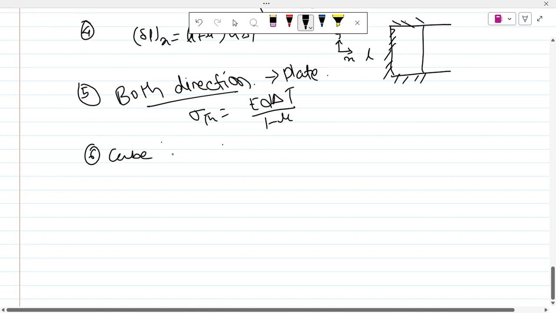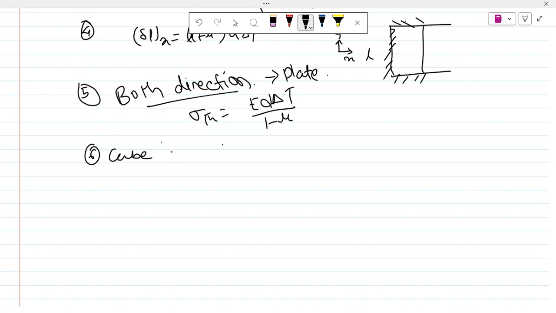In case of a cube, where directions are restricted, thermal stress will develop due to the restriction. Of course, we know this: E alpha del T upon 1 minus 2 mu. Due to the other two directions, thermal stress in one direction will be this.